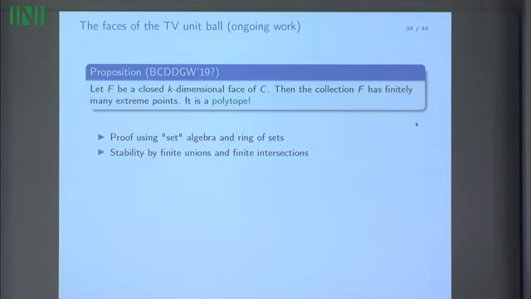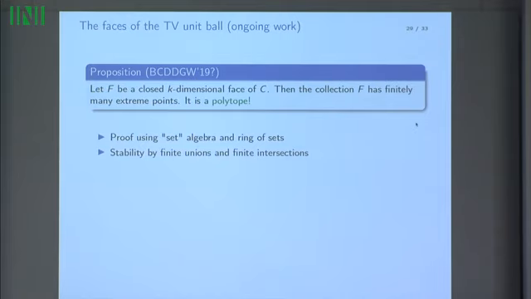Actually we found that if my face on the surface of this ball is a k-dimensional face, then I can show that it has finitely many extreme points. So this is a polytope, okay?